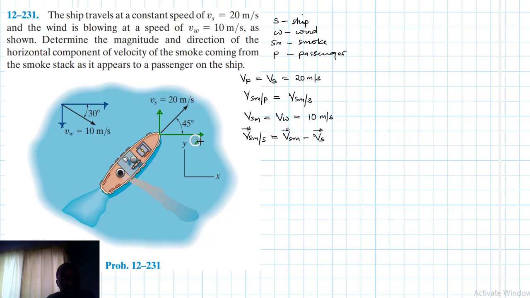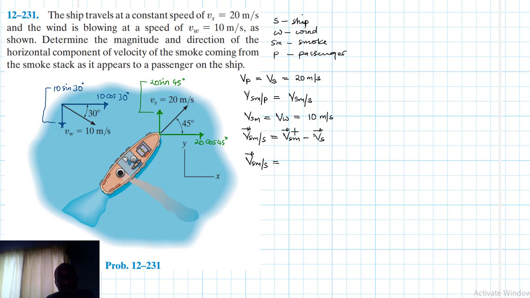This one is 20 cos 45, and this one is 20 sine 45. This one is 10 cos 30, and this one is 10 sine 30. Right, so there we go.